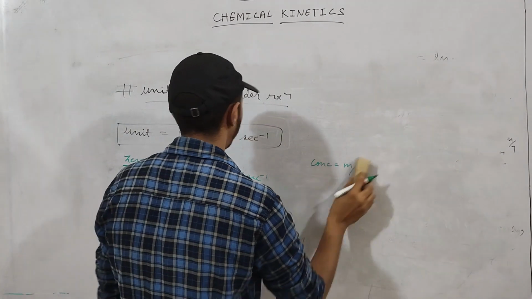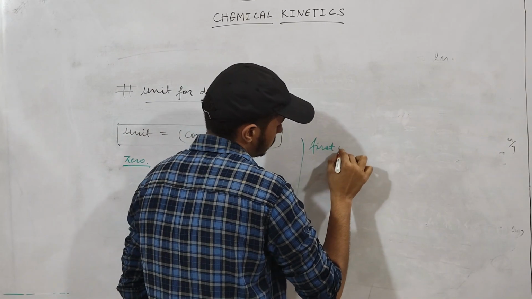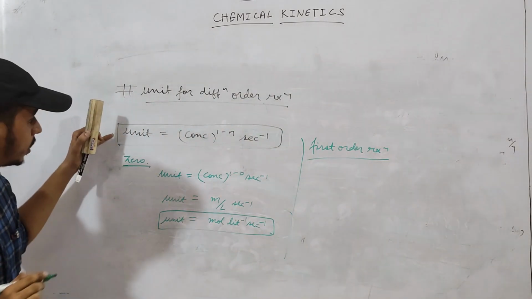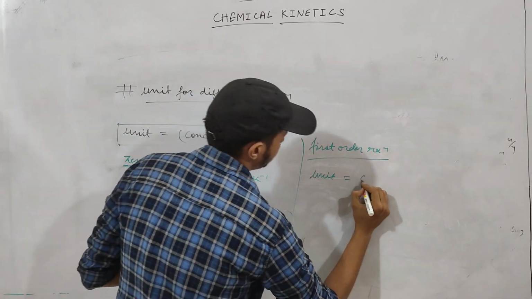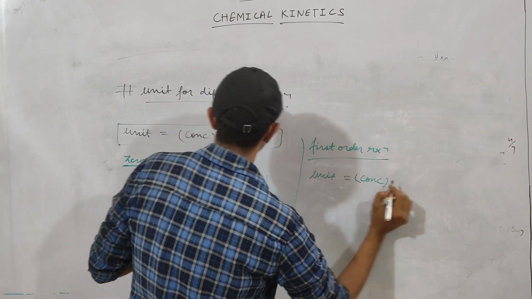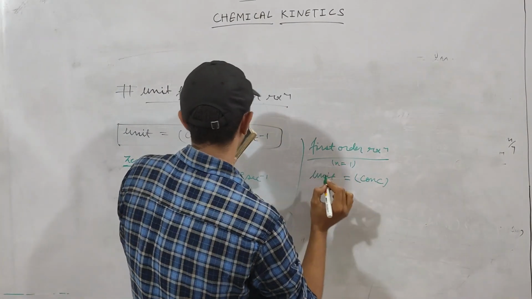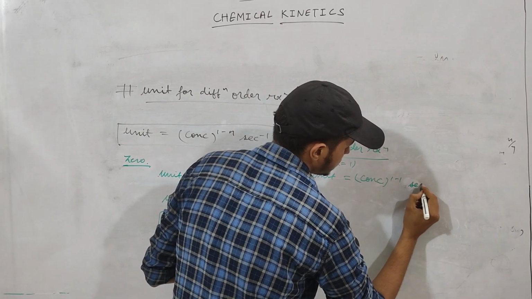Similarly, we will calculate for a first order reaction. We put it in this unit formula, where the value of n is 1. So concentration to the power 1 minus 1 upon second, multiplied by second inverse.